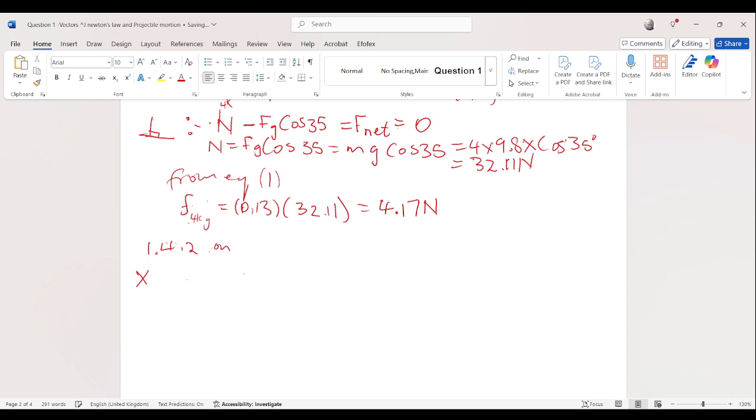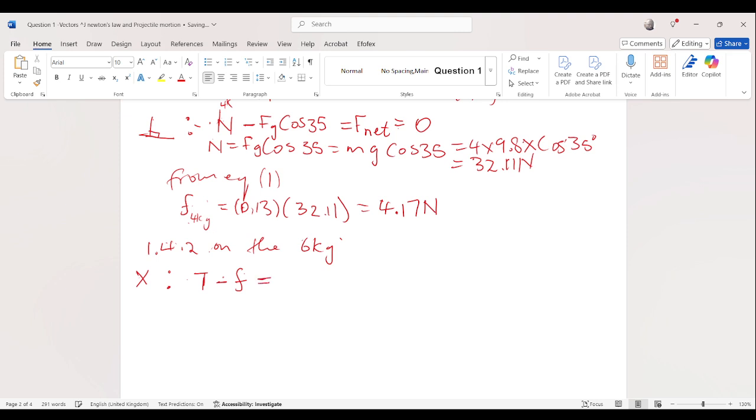So on the 6 kg, forces in the x, we have positive tension minus friction. Any other force?